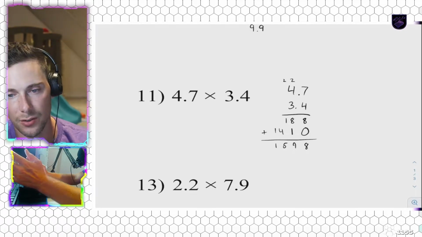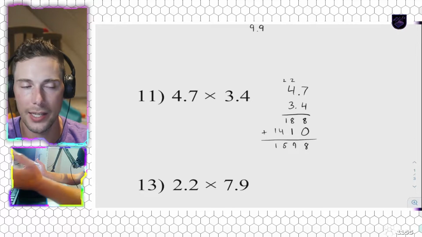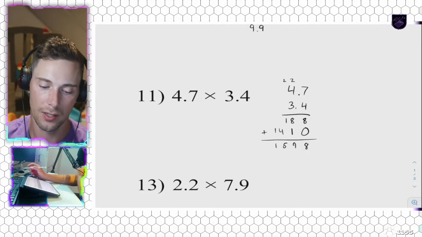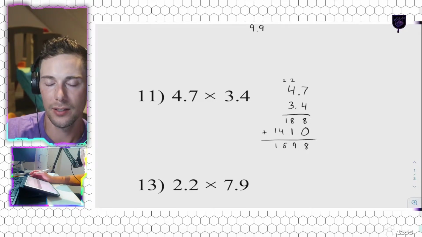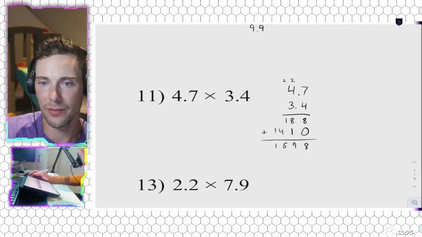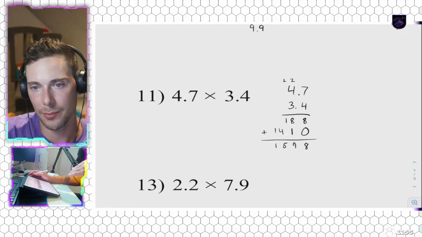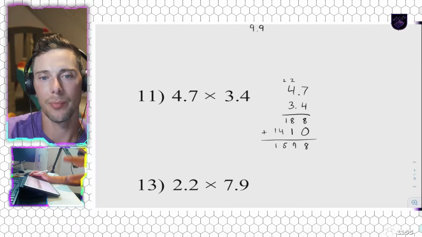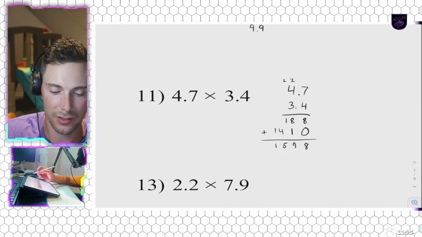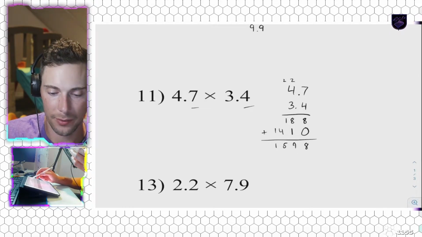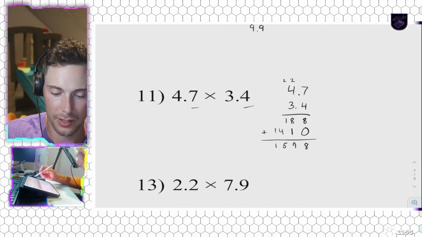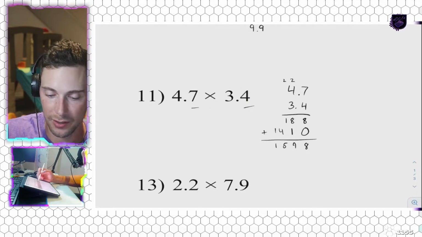Now, this is the trick. It's not 1598. That's not our answer. Of course not. We have to count how many place values fall behind the decimal. How many numbers are falling behind the decimal? And you can clearly see both here, 1, 2, right? 1 here, and in our number, when we've multiplied it, 1 here, 1 here.